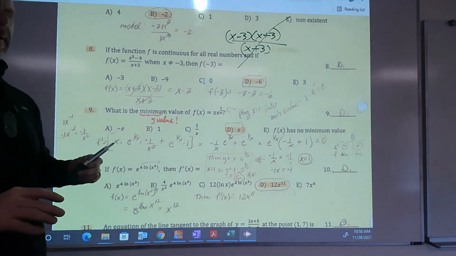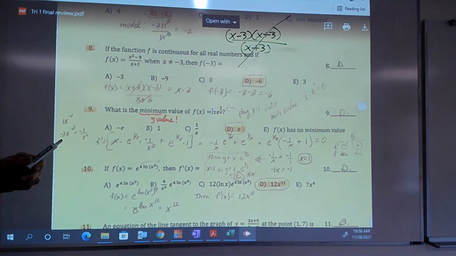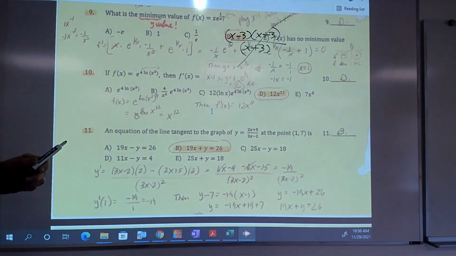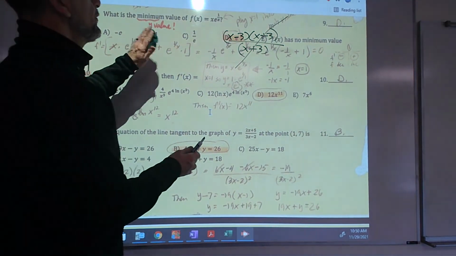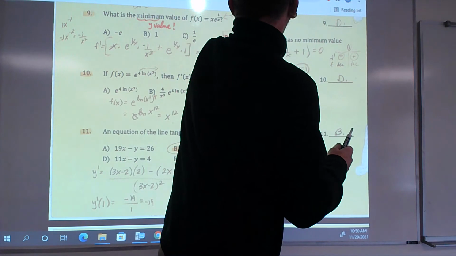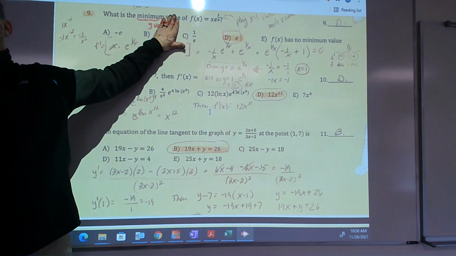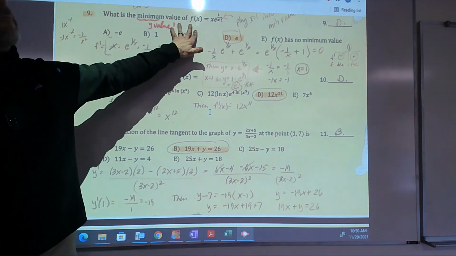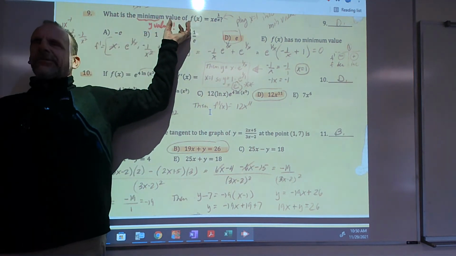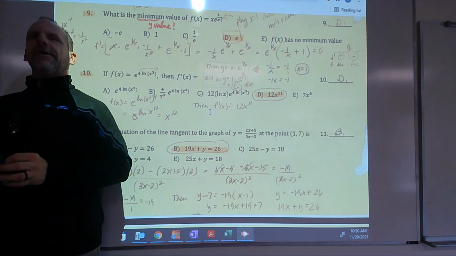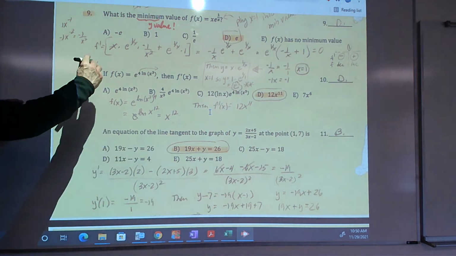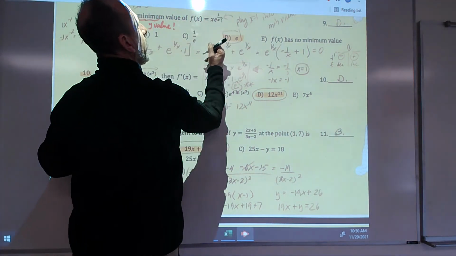Cool. All right. This one is tough. This is one of the toughest questions on the whole thing. It says, what is the minimum? Now, this is how mean they are on some of this stuff. It says, what is the minimum value? We just did this. Don't you just take the derivative and set equal to 0? So it's going to be a product rule.